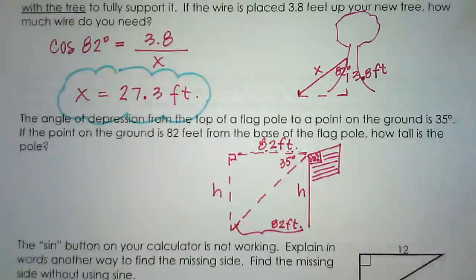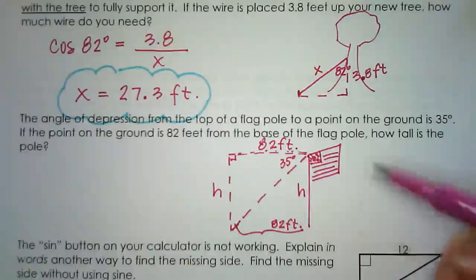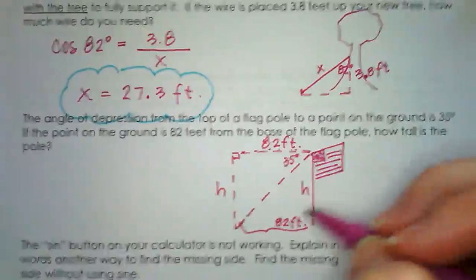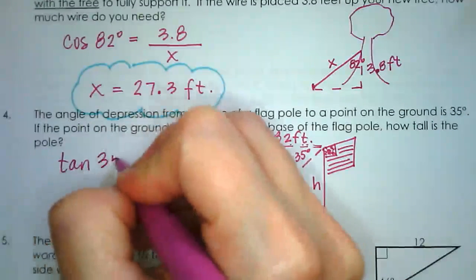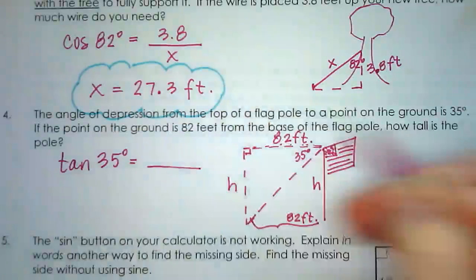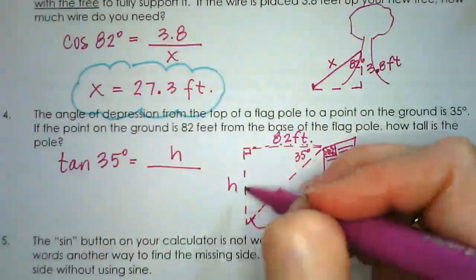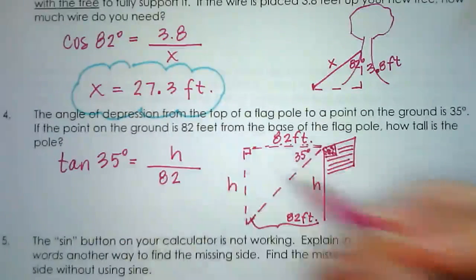However we want to think of this, it looks like we're using tangent, because we know the legs of the right triangle. So the tangent of 35 degrees is, all right, the opposite side is what we're looking for. The adjacent side is 82 feet.